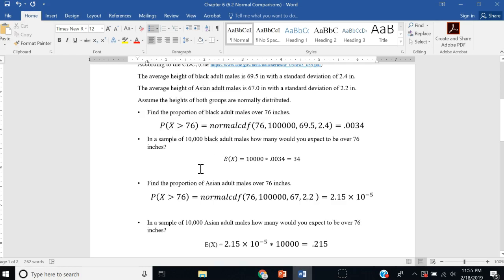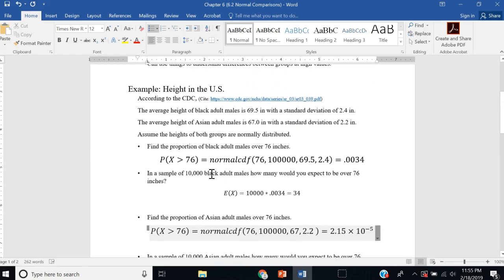So we're not saying all from this group versus all from that group. But knowing that the average height is 2.5 inches more makes one group very much overrepresented in terms of really tall people, and another group underrepresented in terms of really tall people. So there you go.